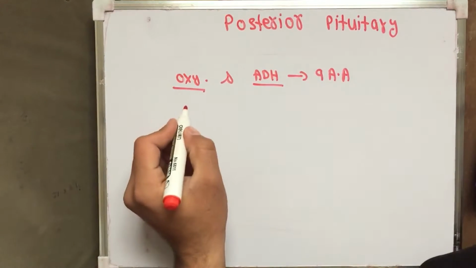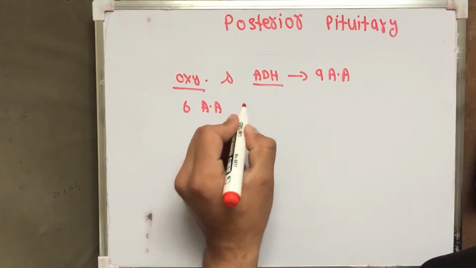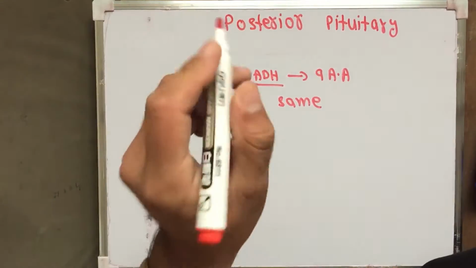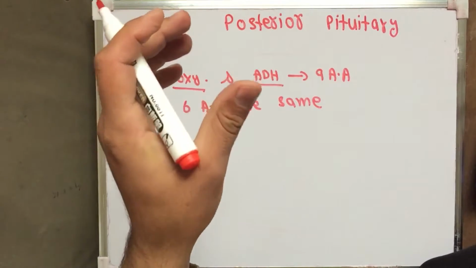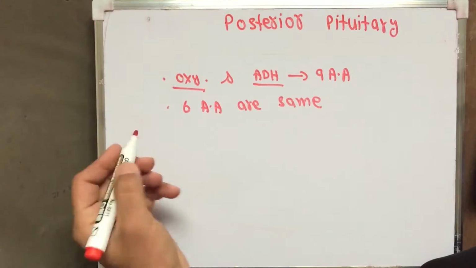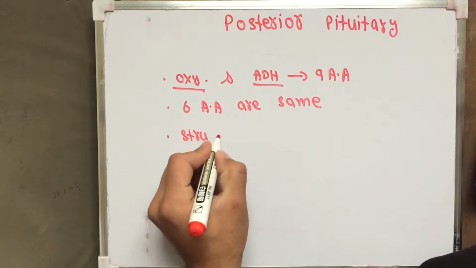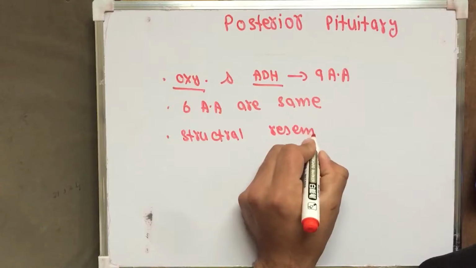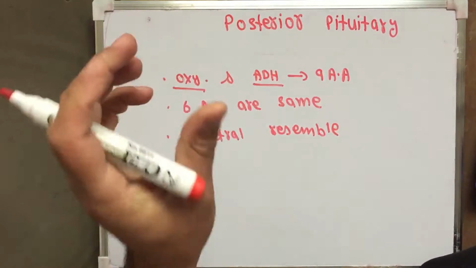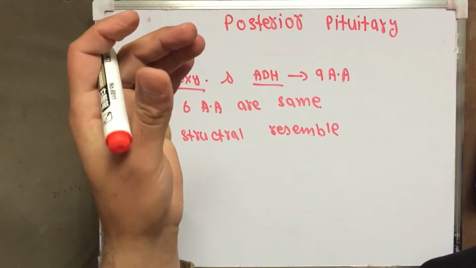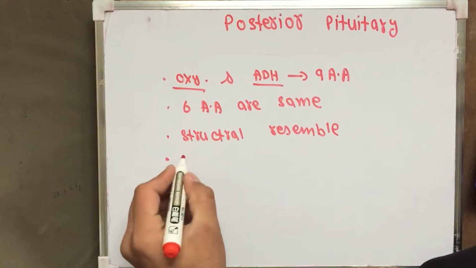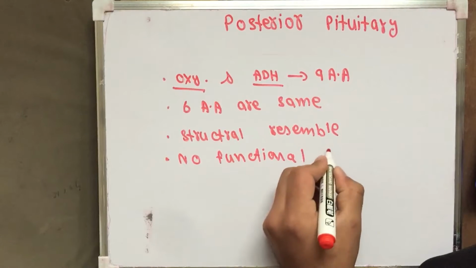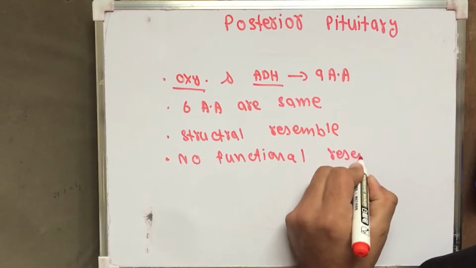Out of these 9 amino acids, 6 are the same to each other. So they resemble each other structurally to a certain extent, but not functionally.